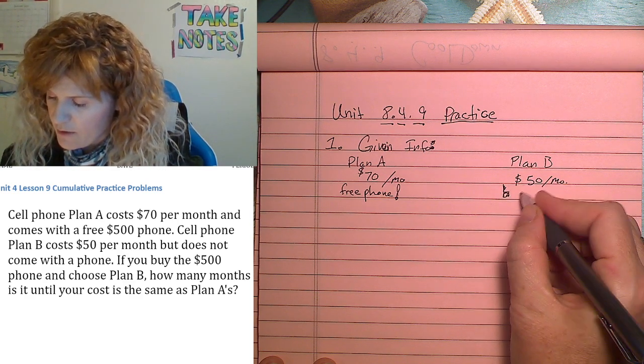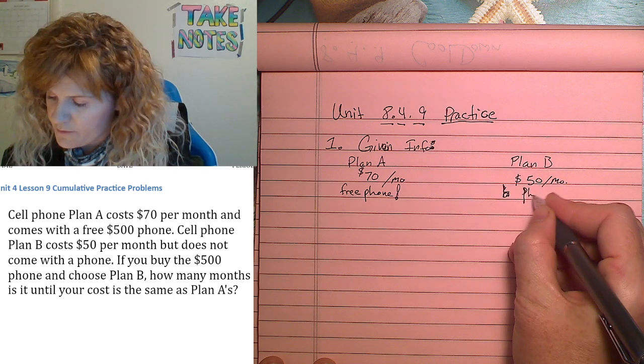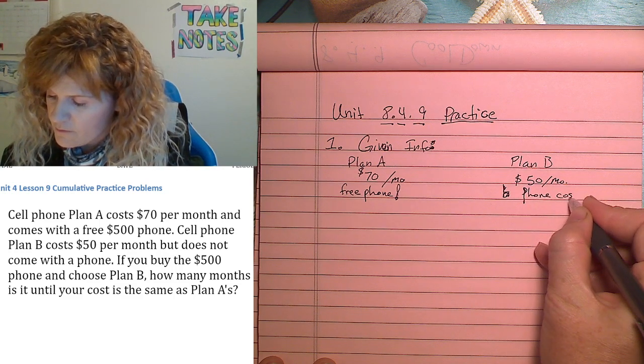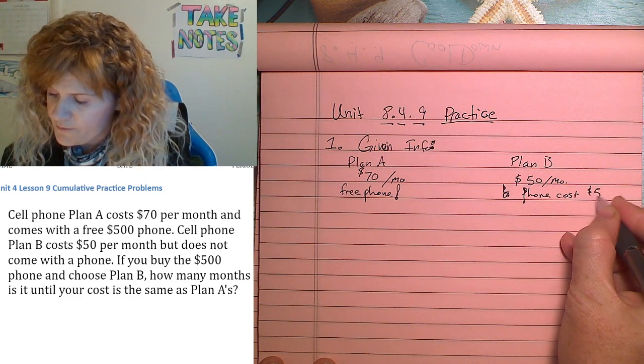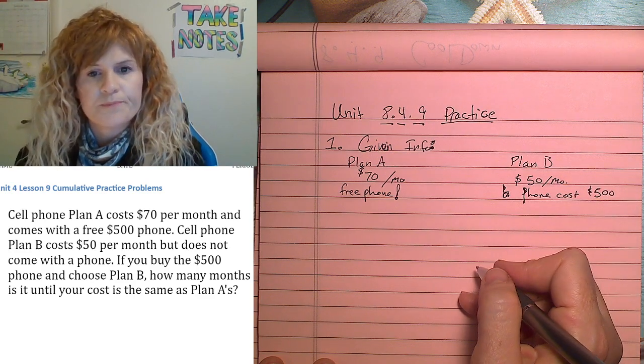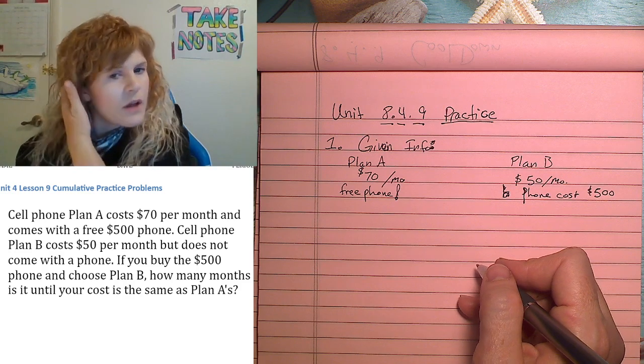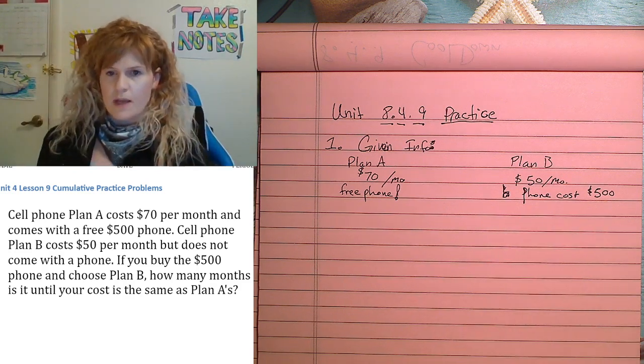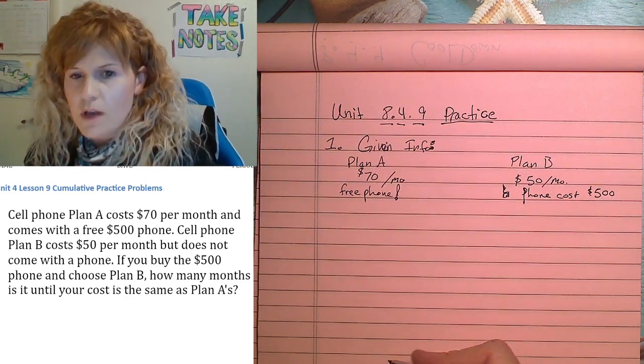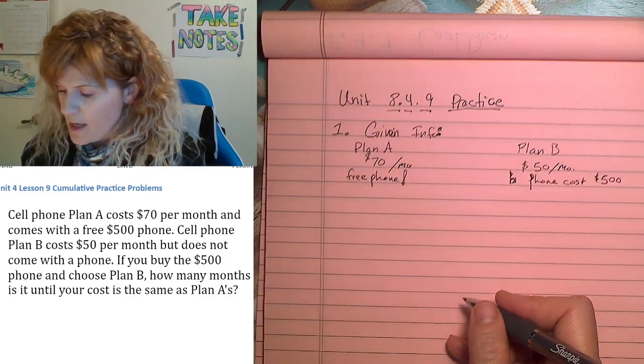How can I put that here? The phone costs $500. Got it. And the question, if you buy the $500 phone and choose plan B, how many months is it until your cost is the same as plan A's?